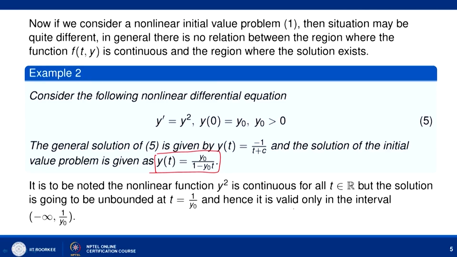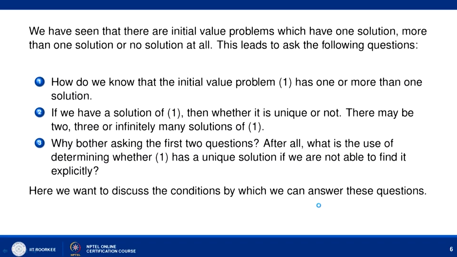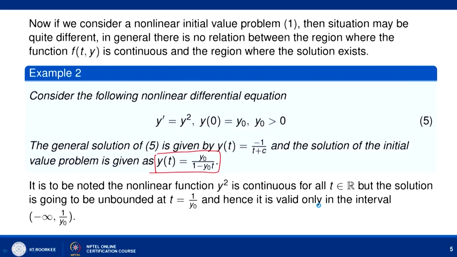The solution is valid only in the interval from minus infinity to 1/y0. So we have seen that the solution may have no relation to where f(t, y) is continuous, and the solution may not be continuous over that kind of interval.